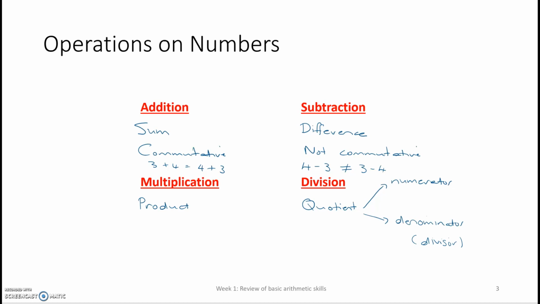Multiplication is commutative, because 3 times 4 is the same as 4 times 3, but division's not. Six divided by 2 is not the same as 2 divided by 6. So these ones are not commutative, but addition and multiplication are.